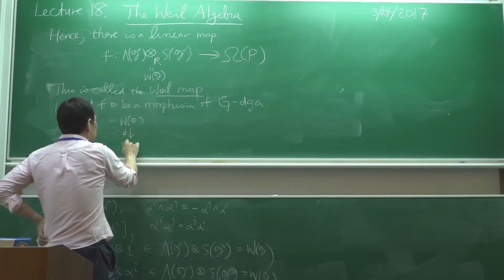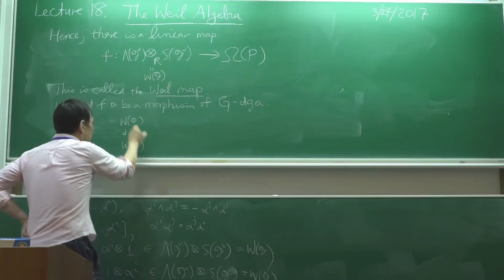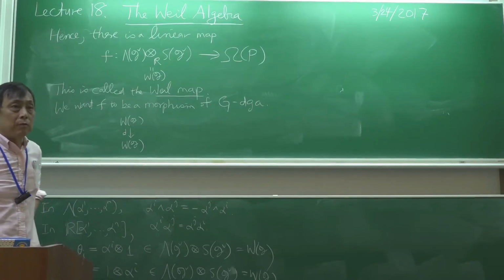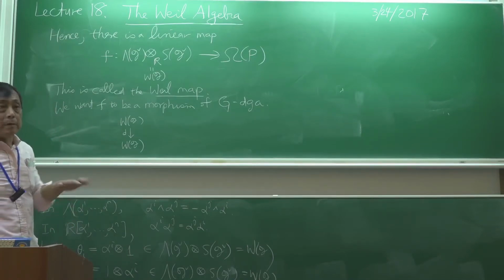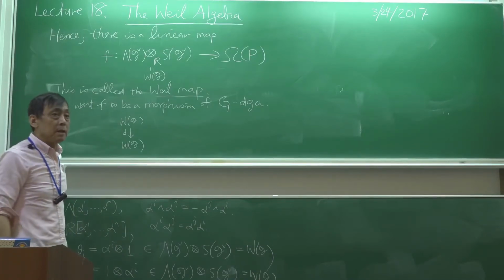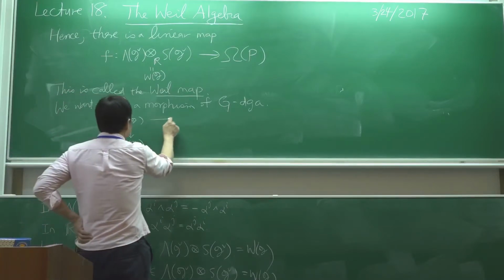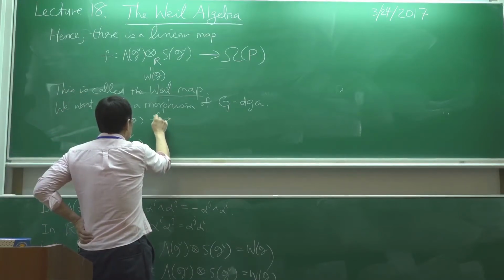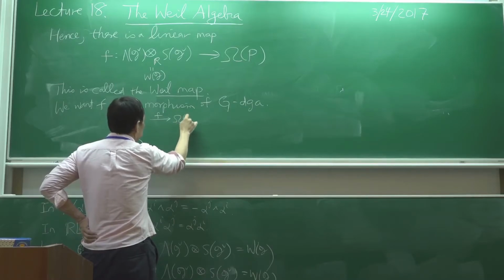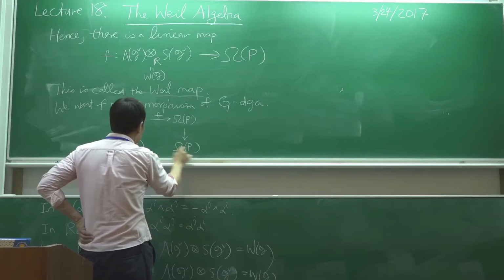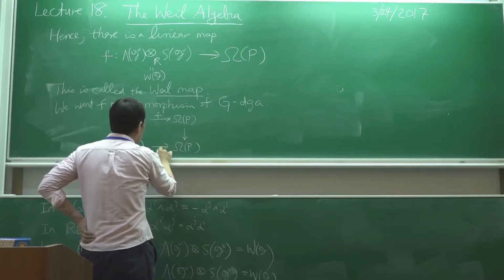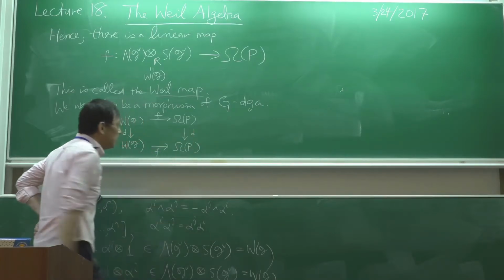It will go from the Weil algebra to itself, but it will raise the degree by 1, and then the Weil map takes it to omega p. So this should commute.